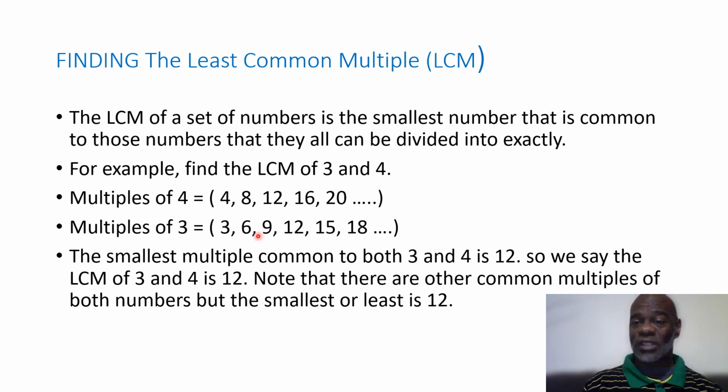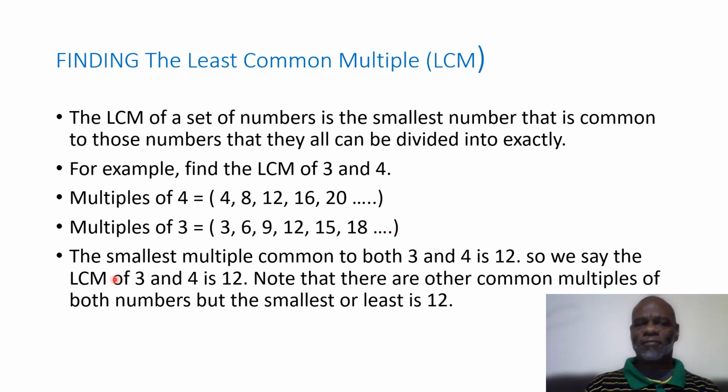Notice that when we divide all of these numbers by 3, they give us a whole number. 3 into 3 one time, 3 into 6 2 times, 3 into 9 3 times, and so on, all the way to infinity.